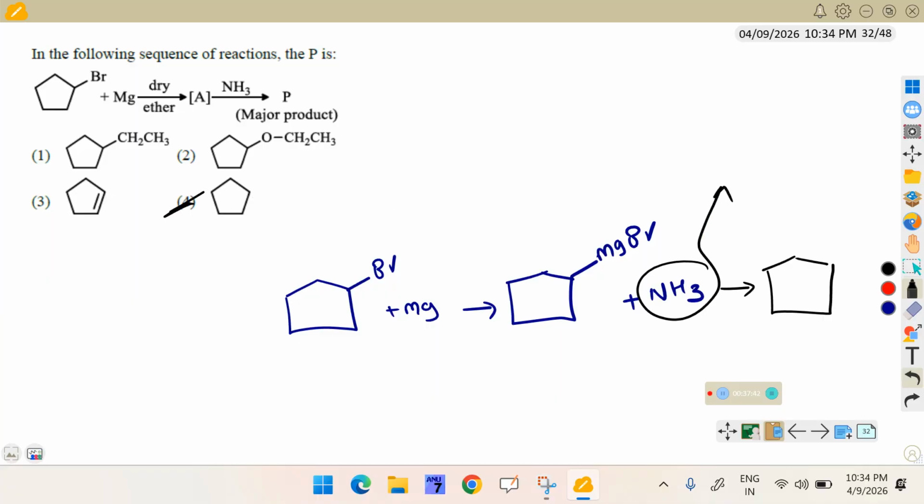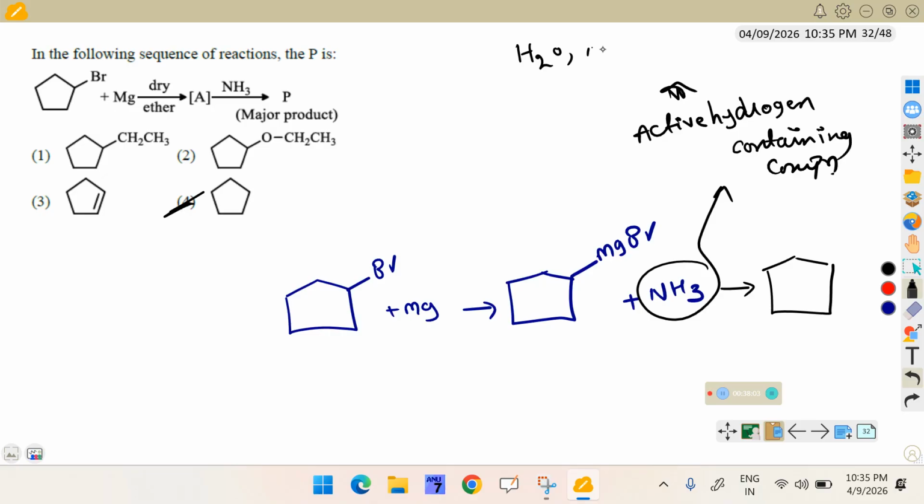Because ammonia is an active hydrogen containing compound. The Grignard reagent reacts with active hydrogen containing compounds, then it gives an alkane as a product. Examples of active hydrogen containing compounds: H2O, ammonia, alkyne, alcohol, carboxylic acid, and so on.